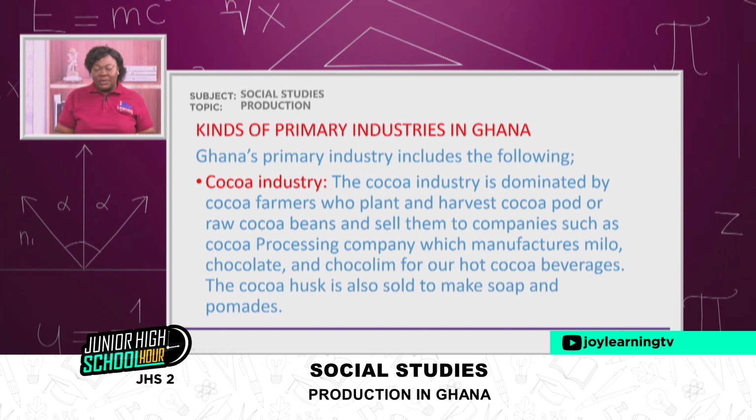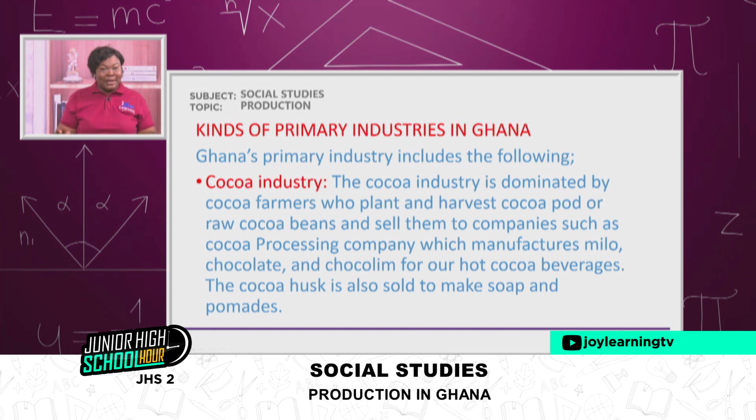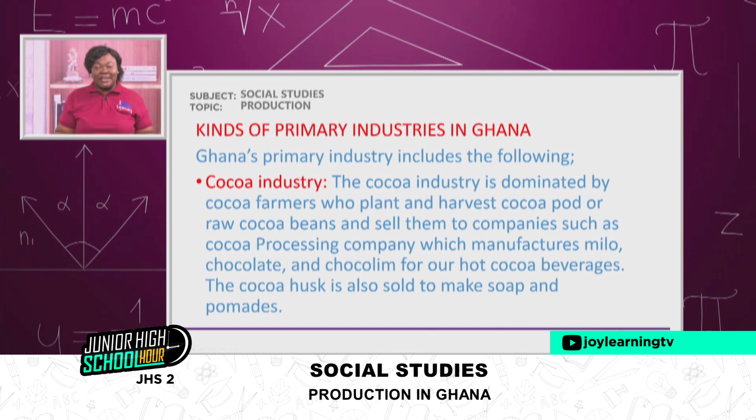The cocoa industry is dominated by cocoa farmers who plant and harvest cocoa pods or raw cocoa beans and sell them to companies such as Cocoa Processing Company, found in Takoradi and some other parts of Ghana, but especially in the Western and then Ashanti region, which manufactures Milo, chocolates, and chocolim, my very best, for our hot cocoa beverages.